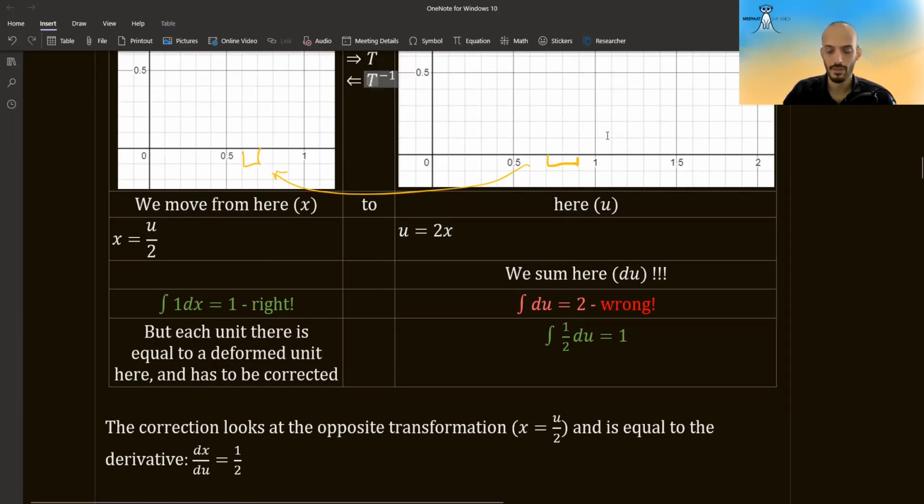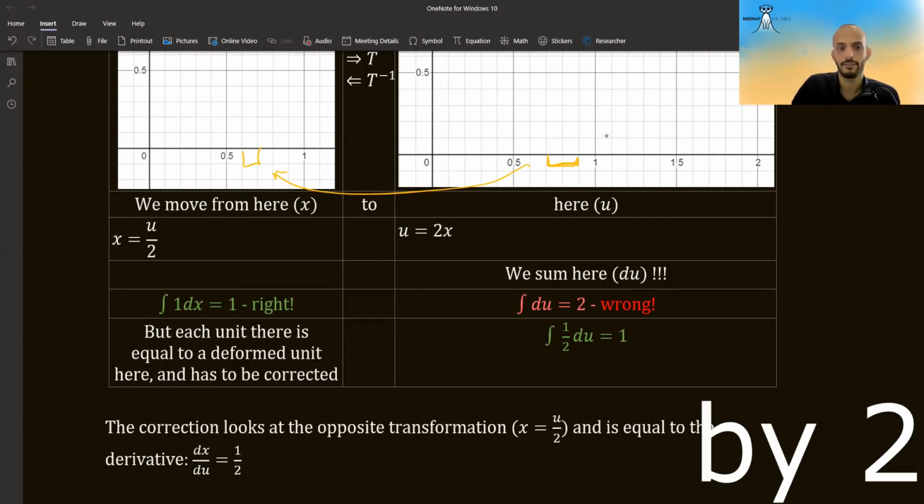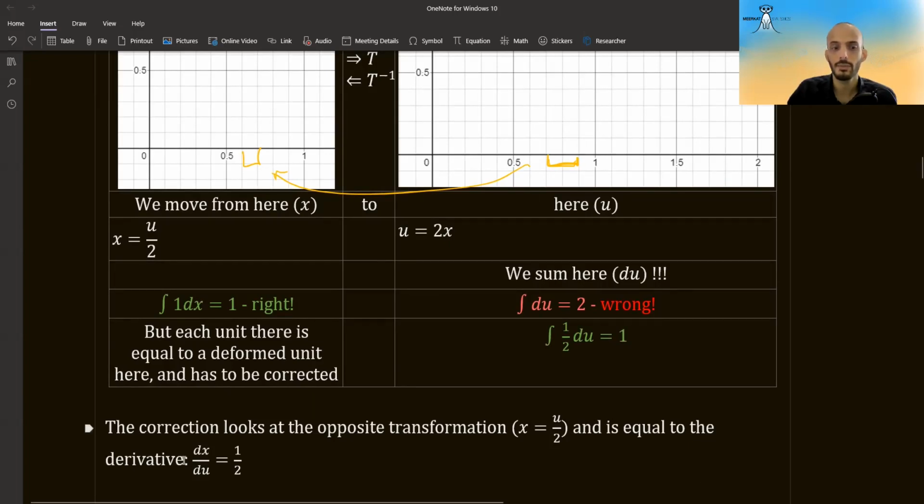What does the opposite transformation do to our unit of integration? In this case, it takes our unit and divides it by half. Correction is equal to the derivative. So dx/du in this case is equal to half, and this is the correction that we have to do. Okay, and notice that if we actually do the correction here, we get the right result.